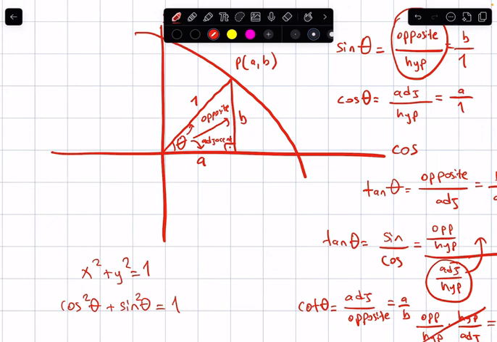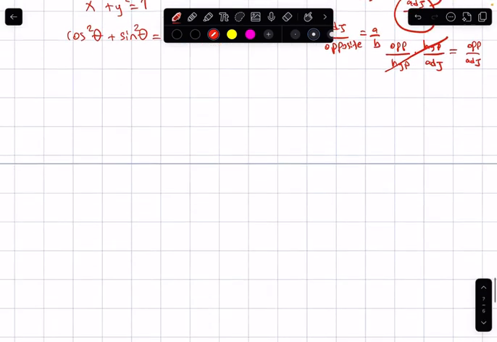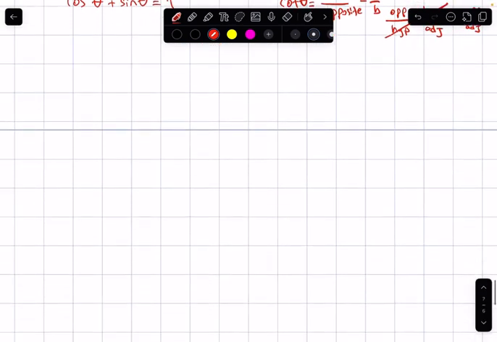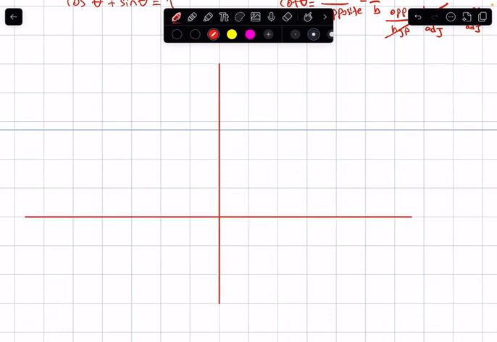Now I'm just going to show you the signs of these sines and cosines in the Cartesian coordinate system. As I told you, this is 0 degrees, this is 90 degrees, then 180 degrees, 270, and we are coming back to 360 degrees.